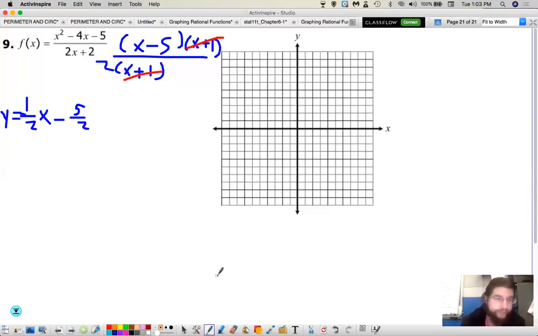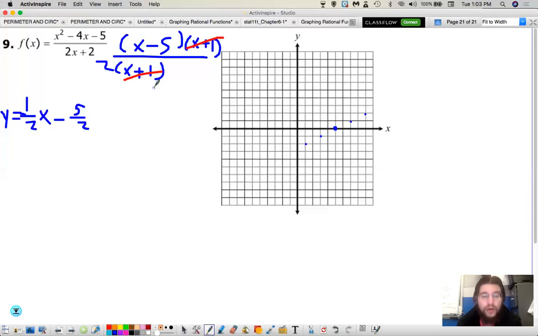I'm going to do that. So I got 5, 0. That's my x-intercept, right? If you don't believe me, just do it. 5, 0. Lovely point right there. From there, I have a slope of a half. Rise 1, run 2. Or down and left. Now I'm going to go ahead.